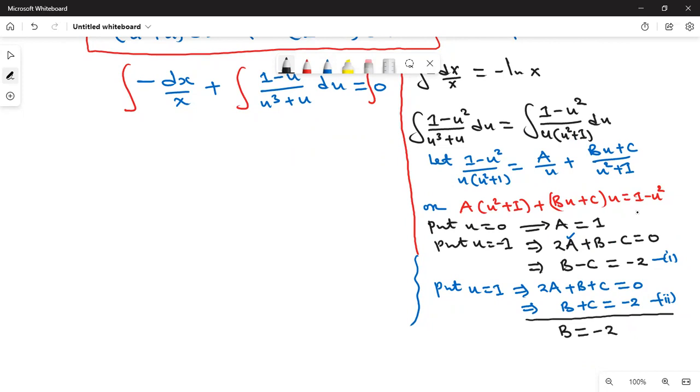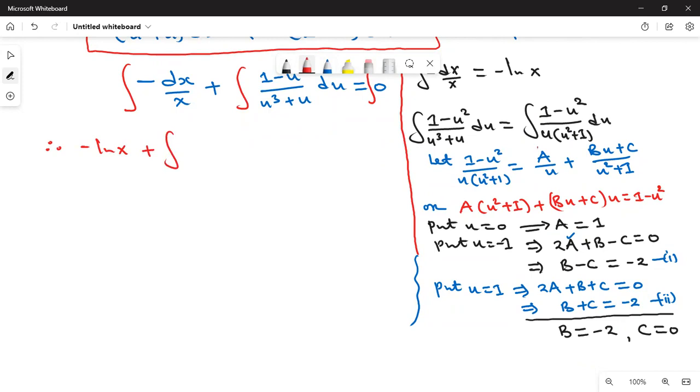Now, when b is negative 2, what do you think will be c? C will be equal to 0. So this integral can now be written as, therefore, negative ln x plus the integral.